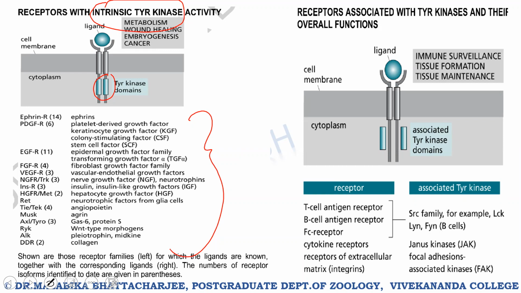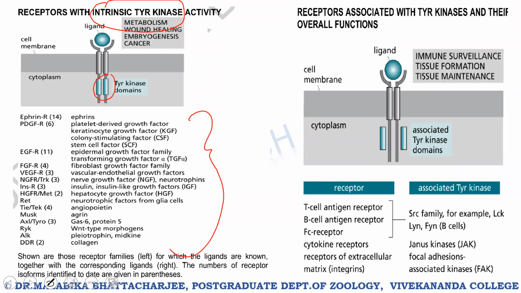phosphorylation activity. Now, you must have heard about, among this family which I have just highlighted, two receptors that are important, the platelet derived growth factor. I'm talking about the platelet derived growth factor because next, after signaling, we'll be starting with cell cycle.